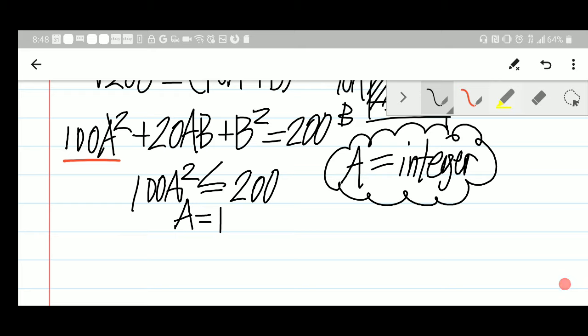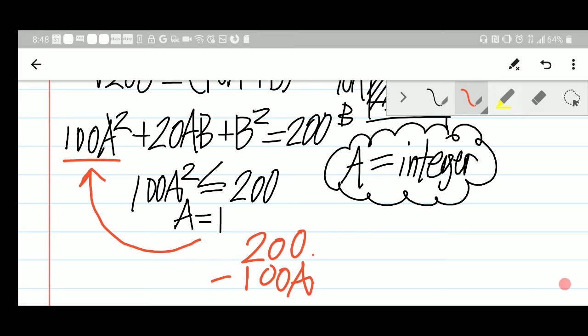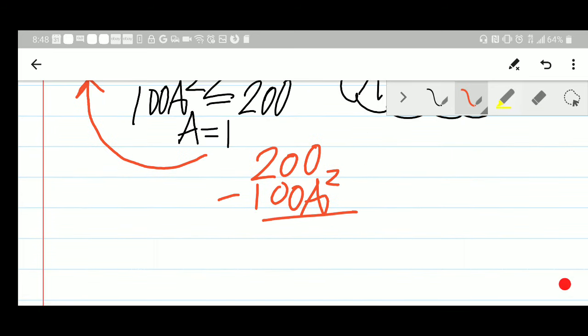So after we do that, we plug it back into our original. So what you have to do is say 200 minus, I'm just going to write it like this. And if A is 1, that equals 100.